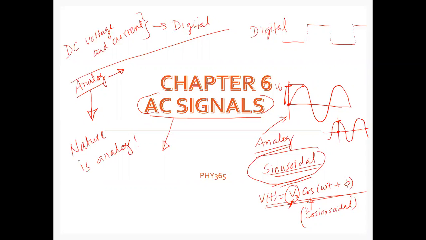The omega here is 2 pi f, called angular frequency, and f only is simply called frequency. This phi is called phase.